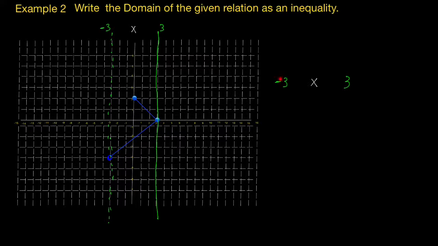Now the -3, remember that was associated with the open circle, so we're going to use a strict inequality. The +3, on the other hand, was correlated to a closed circle, so we're going to use the less than or equal to, and that is the domain of this graph.